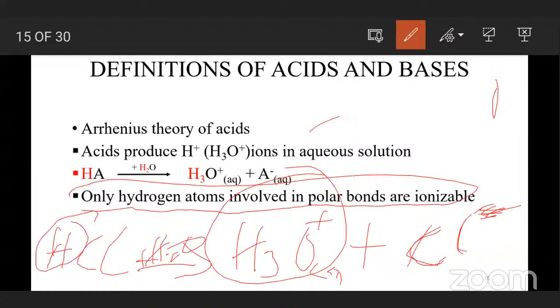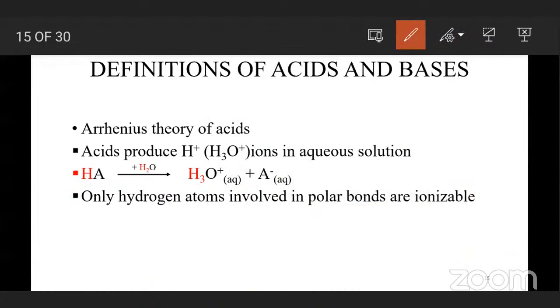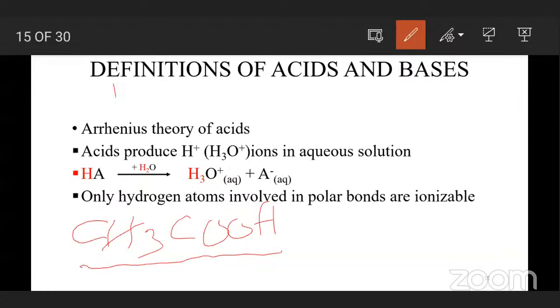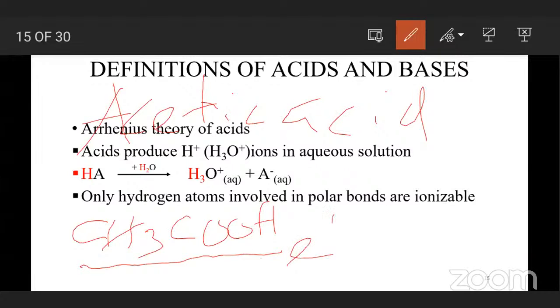Okay, let's take another example. Say we have CH3COOH. Some of you, some years ago, might have come across this particular chemical compound. You may call it acetic acid, or ethanoic acid, depending on whether you are using the trivial name or the IUPAC name.